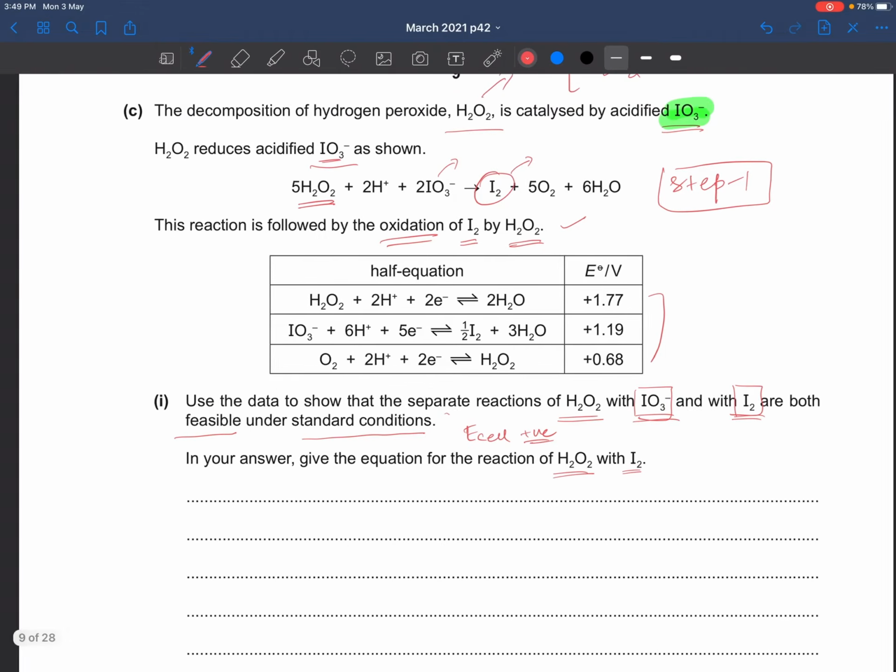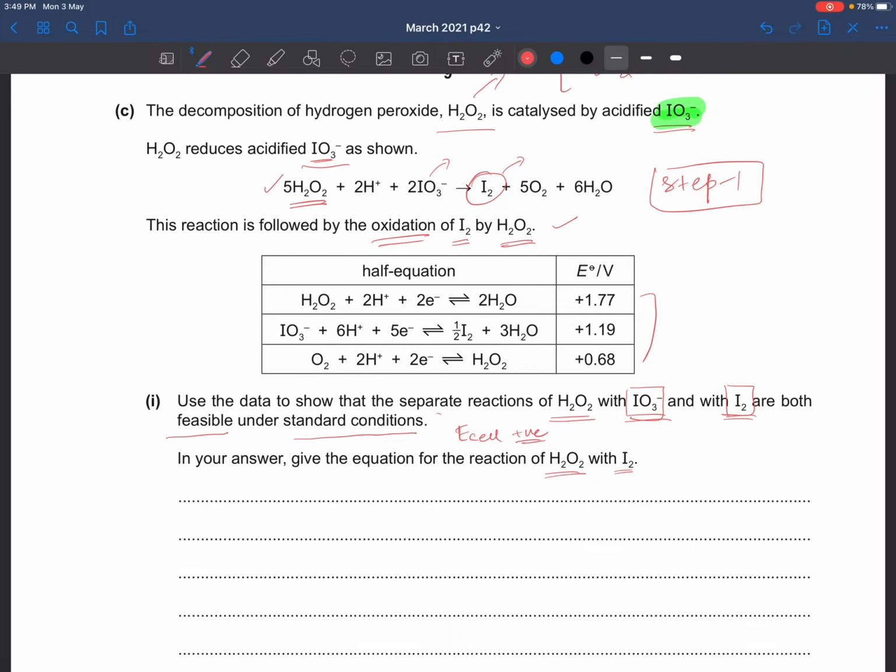Now in step 1, you can see that H2O2 is reacting with IO3 minus. So this equation would be involved, because IO3 minus is being used, right? IO3 minus in this equation is on the reactant side, and in the half equation it is also on the reactant side. So that means it is being reduced into iodine.